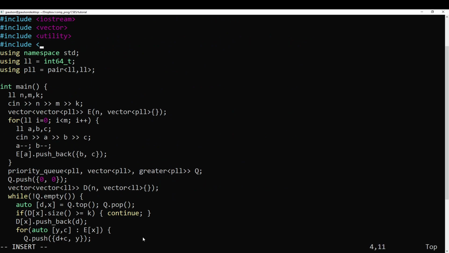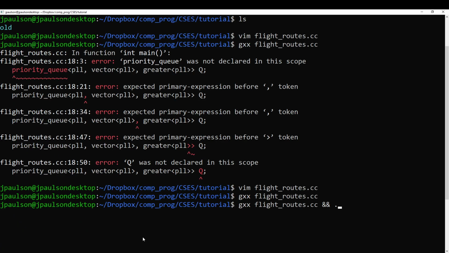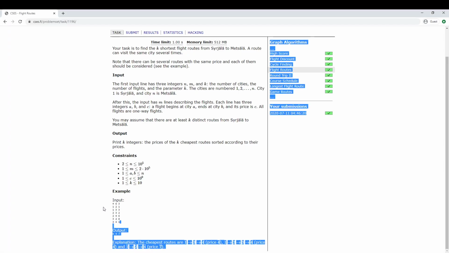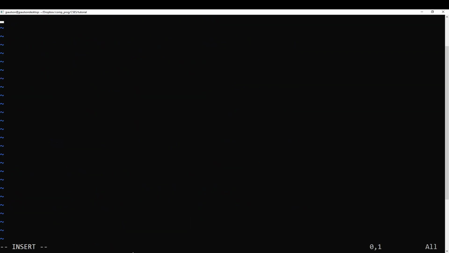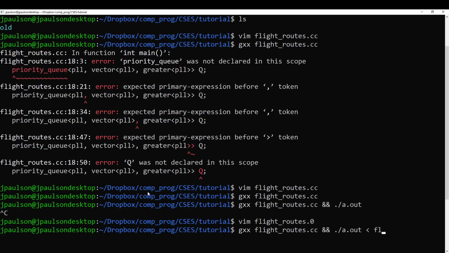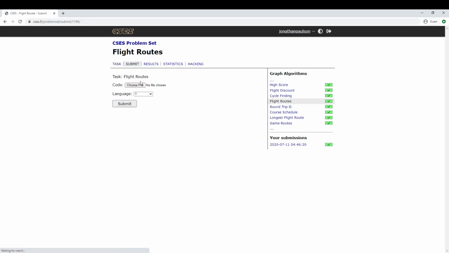And Q, so priority queue. Fair enough. 4 4 7 looks good. Flight routes.